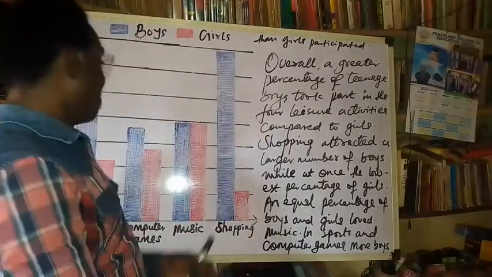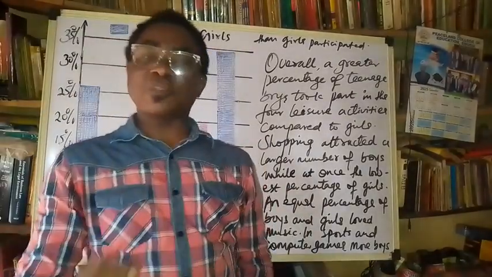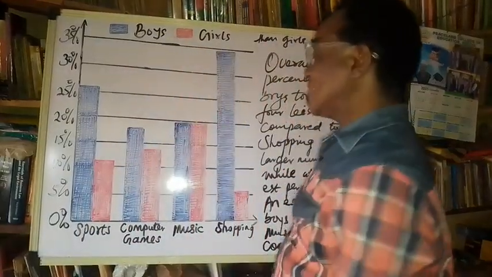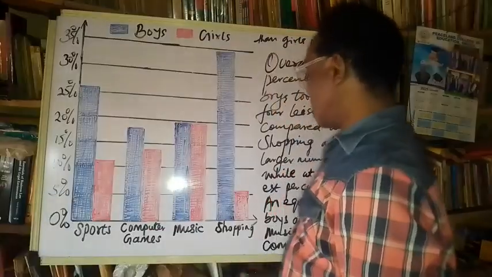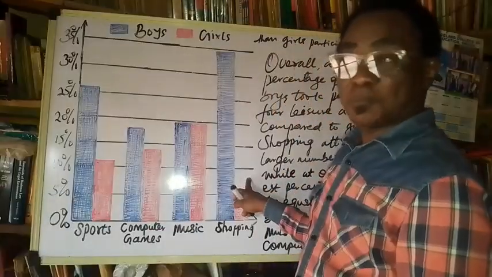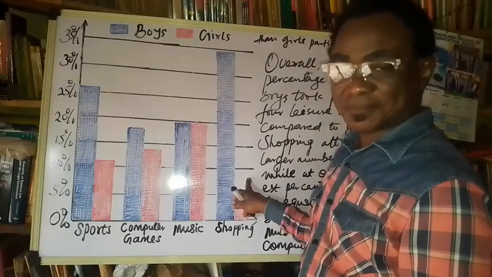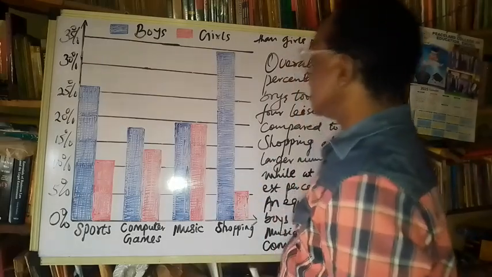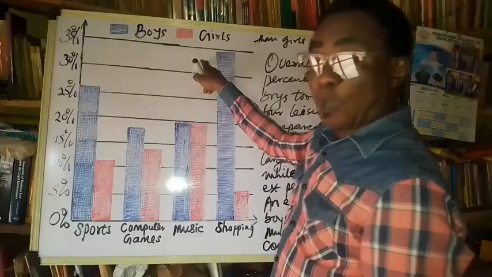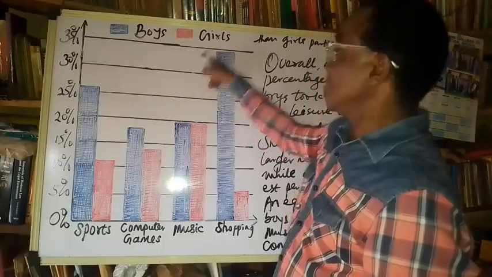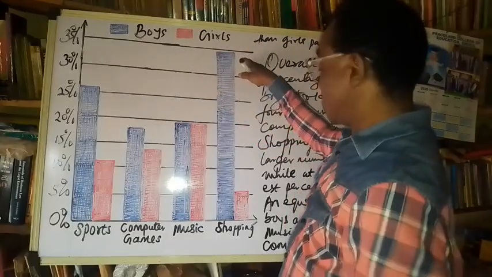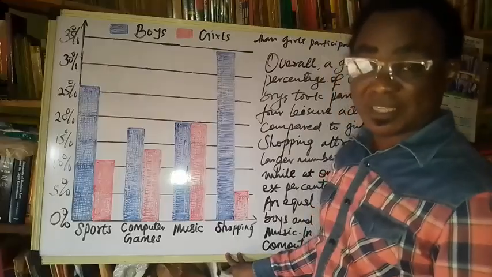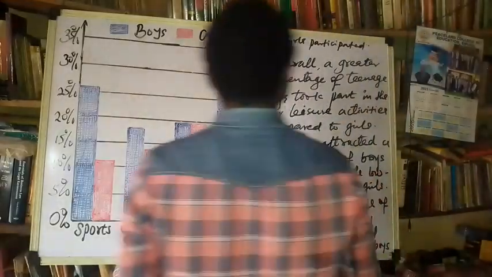We have given the information without including figures. So what we've written down here very simply is that in sports, computer games, and shopping, boys were in the lead compared to girls. Good. While the greatest percentage of teenage boys took part in shopping, the same shopping recorded the least participation among girls.